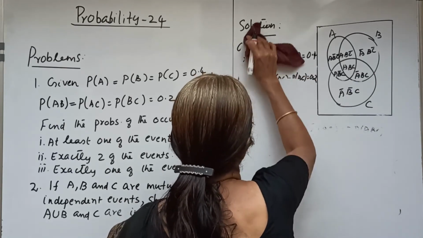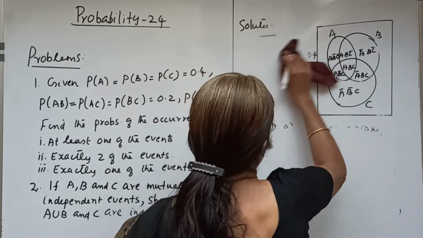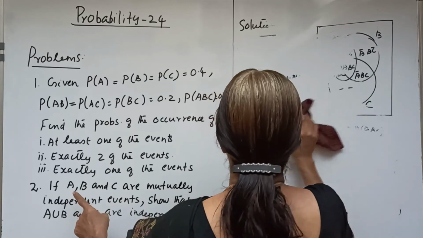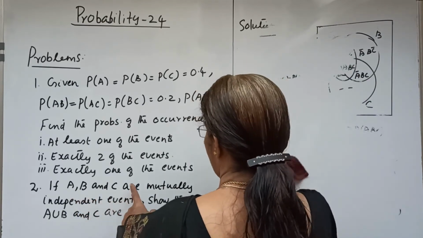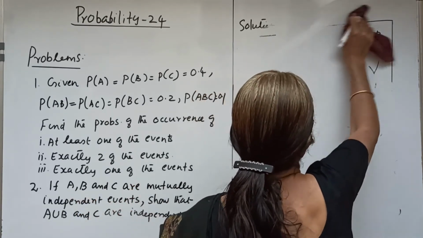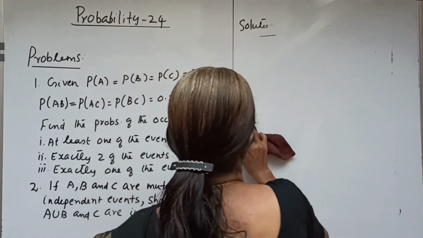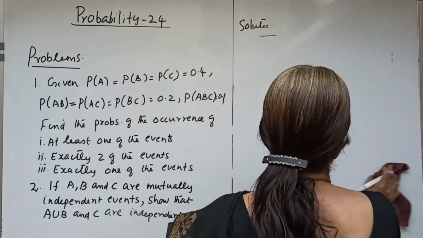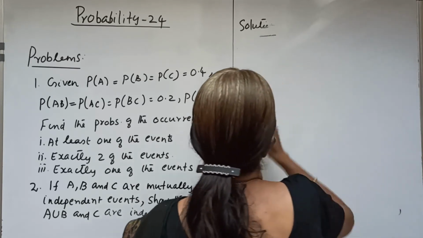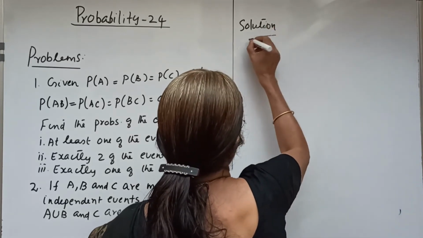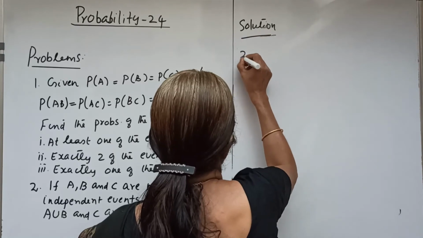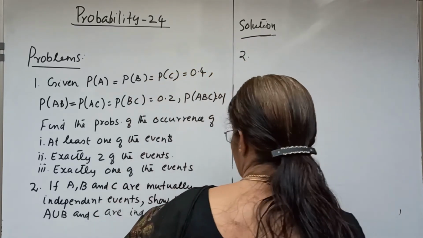Here also we are given 3 events and the question is: if A, B and C are mutually independent events, show that A union B and C are independent.